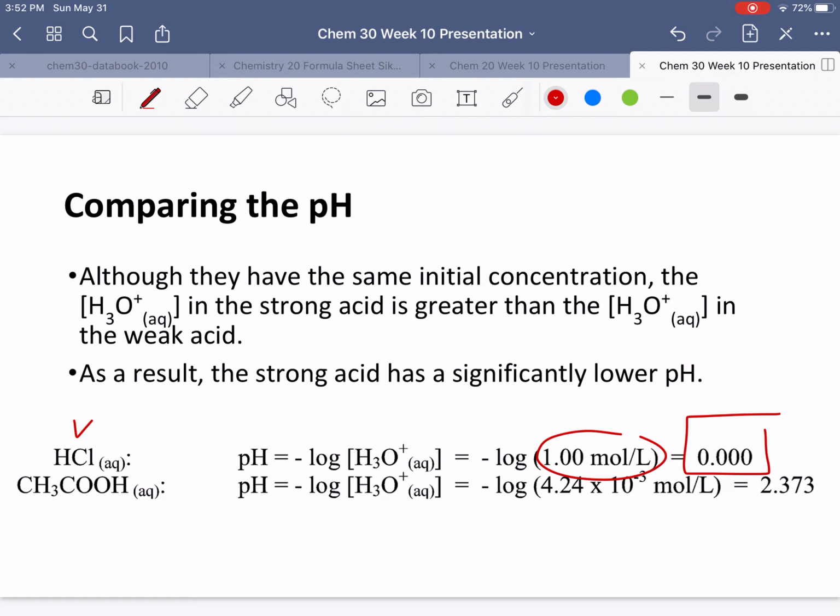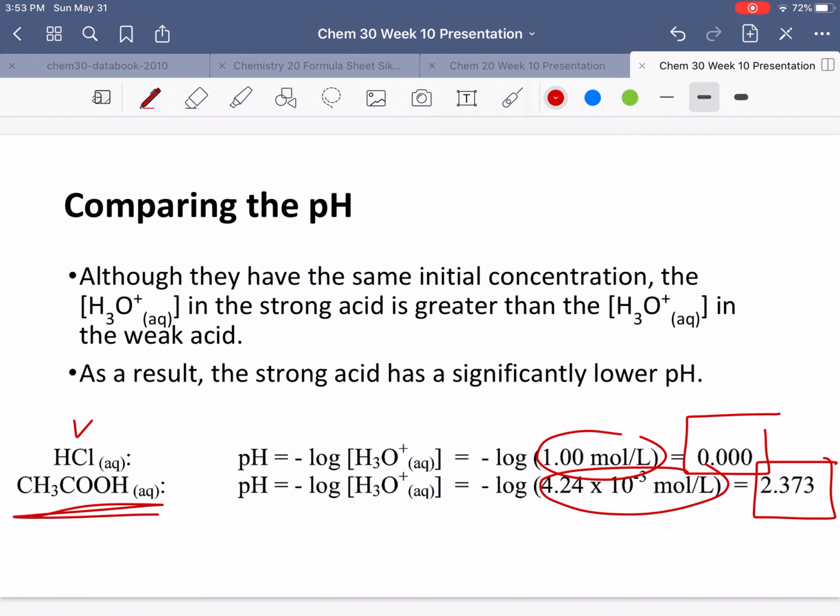Oh yeah, low pH, 0. Vice versa, the acetic acid, which partially ionizes to this concentration of hydronium, when you calculate this, there is no question it is an acidic pH. 2.373 is fairly acidic still, but it is acidic, it is below 7.